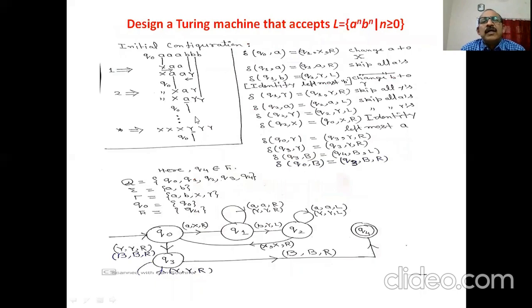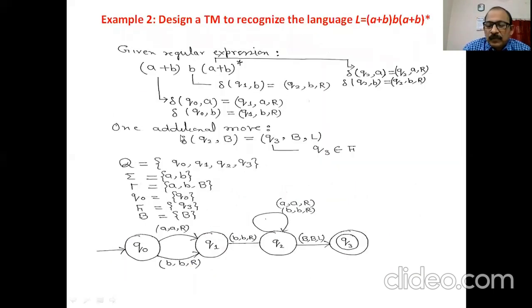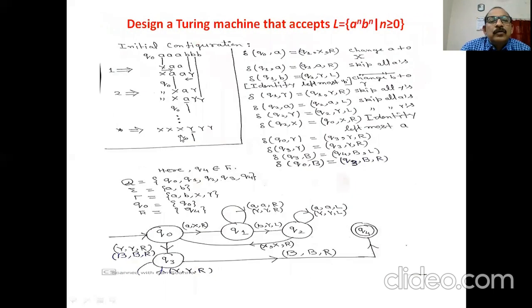Now, in this approach, we convert the leftmost A into X and we convert the leftmost B to Y. Okay, and repeat this process. You will reach this place. Okay, so how will you do this?